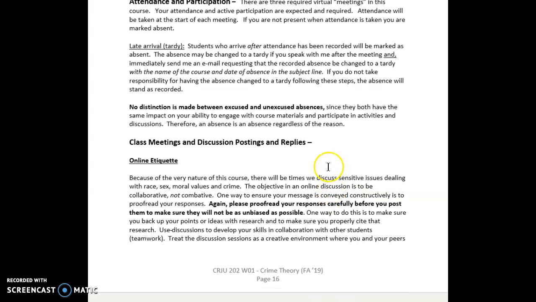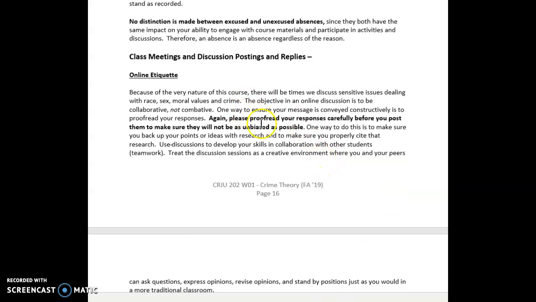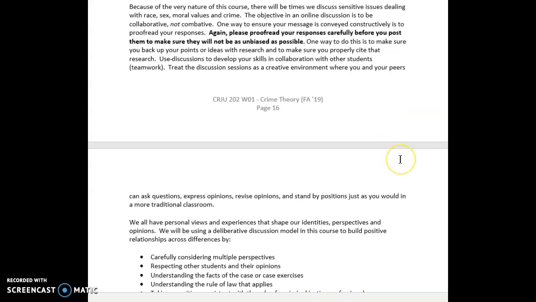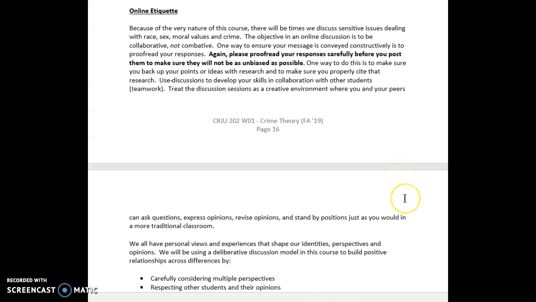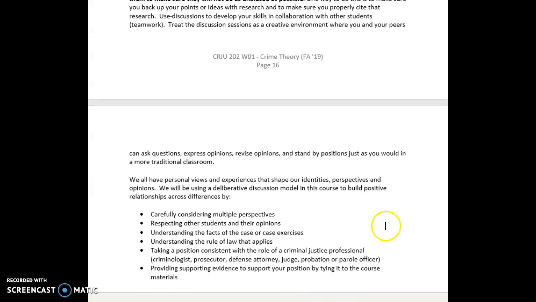You will be engaging in online postings and replies. Please be mindful and respectful. You need to carefully construct your online postings, and it takes practice.